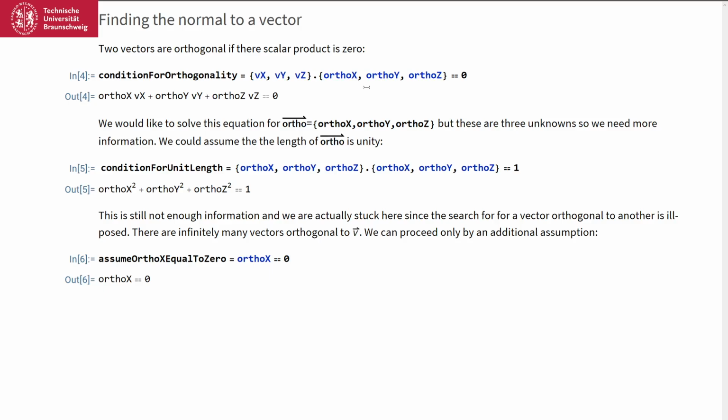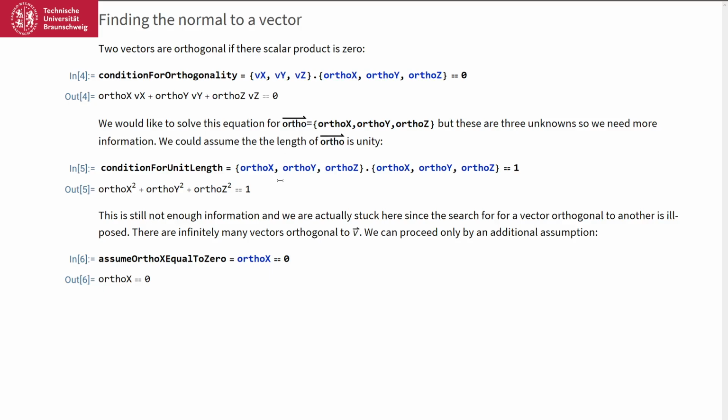The next thing is it should be a basis, so it should be a unit vector. Unit vector means it has unit length, and unit length we get by having the scalar product of the vector itself with itself being 1. Then it's unit.